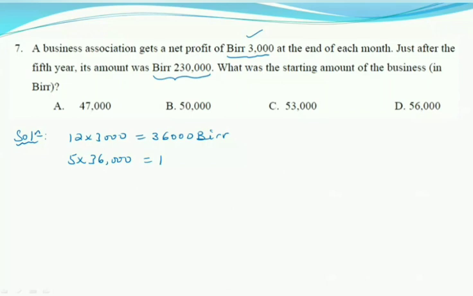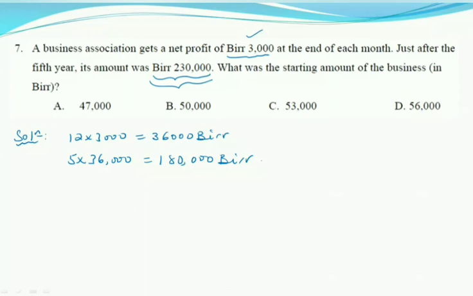So at the end of the 5th year, the net profit will be 5 times 36,000, which is 180,000 birr. They get this much by the end of the 5th year, but currently they have 230,000.